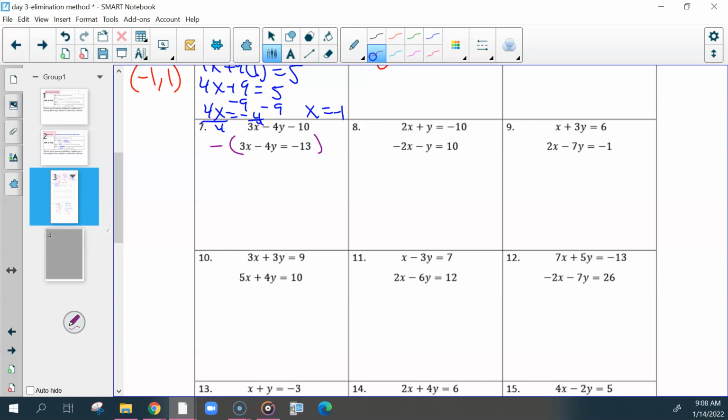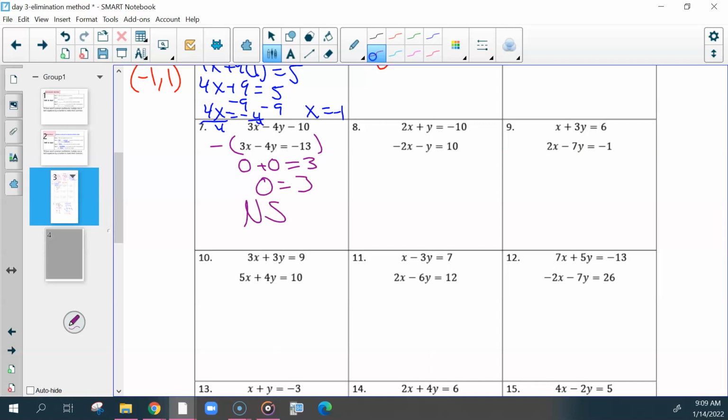When we do this, because we're subtracting and these are the same, they're both going to eliminate. Because 3 minus 3 is 0. Negative 4 minus a negative 4 is 0. Negative 10 minus negative 13 would be 3. So it is no solution.